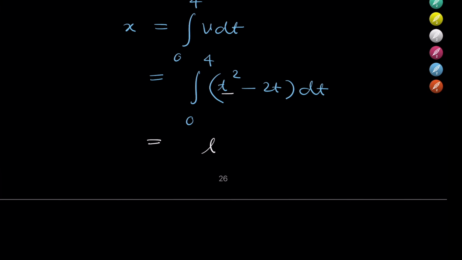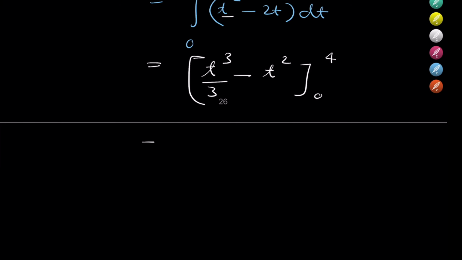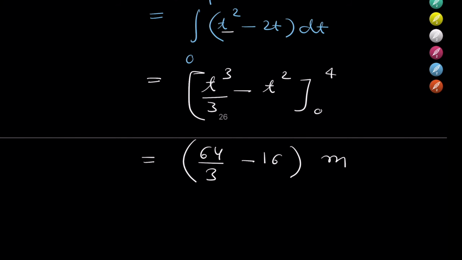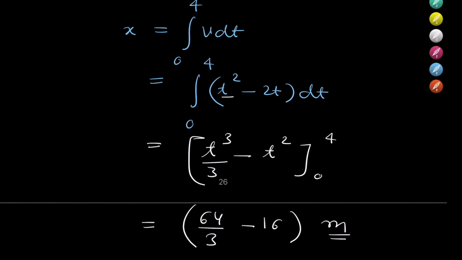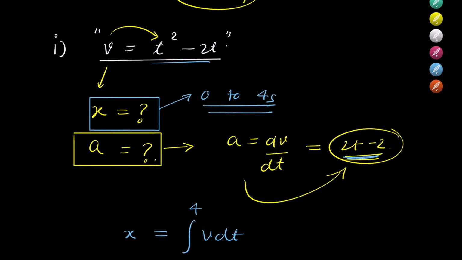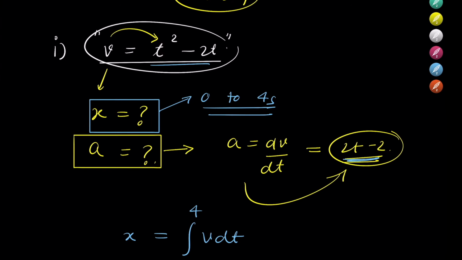After integrating it, you will get t cube by 3 minus t square, from 0 to 4. We'll get 64 by 3 minus 16. Whatever this comes out to be, that will be our displacement. These type of questions are very popular in NEET. One function is given, and they will ask you another question on another function.